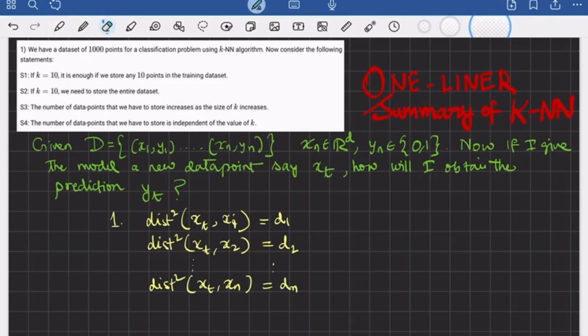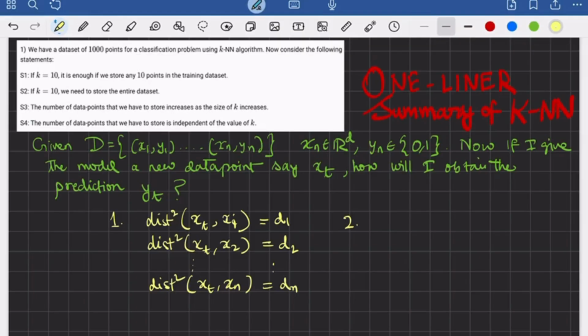The second step is that we choose the smallest di's. Now the next question arises: how many di's should we choose? Is it just one, the smallest di, or the two smallest di's out of d1, d2 up to dn, or three, and so on? The answer is we have to choose k of them.